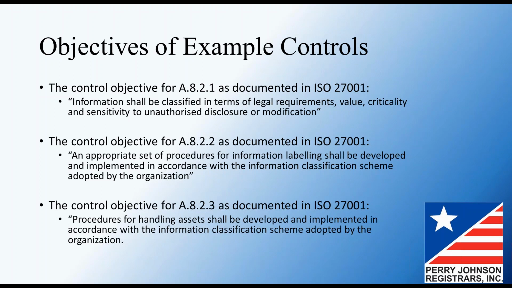A.8.2.2 talks about having an appropriate set of procedures for information labeling and implemented in accordance with the scheme that you've adopted. A.8.2.3 talks about having procedures in place for handling assets in accordance with the classification scheme adopted by the organization.